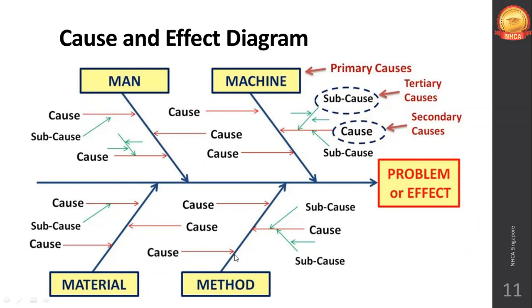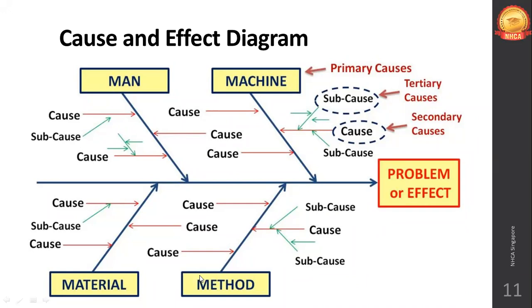In method, maybe the manual or the schedule of maintenance, who is supposed to do the preventive maintenance on which particular day, that schedule was not made. Maybe the manual was not there; the maintenance department didn't store the manual for the lift. They lost it.